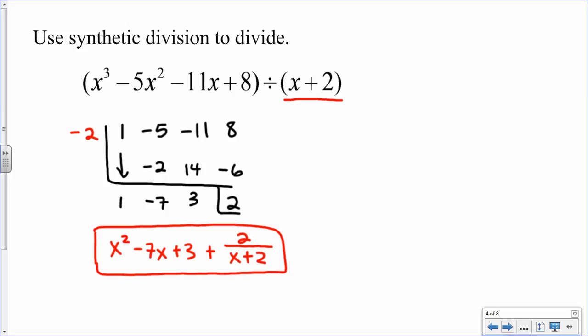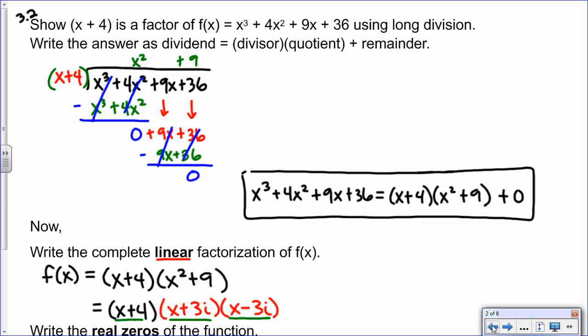Yes. Are we going to be good for long division and synthetic division, or? Yes, because there's the way for long division, and it will tell you, okay?